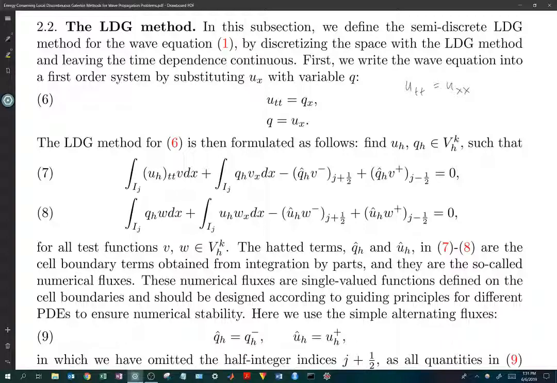So if Q is UX, then QX is UXX. And so this top equation here, UTT equals QX, is precisely UTT equals UXX.